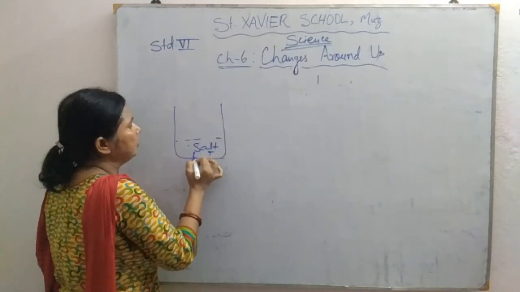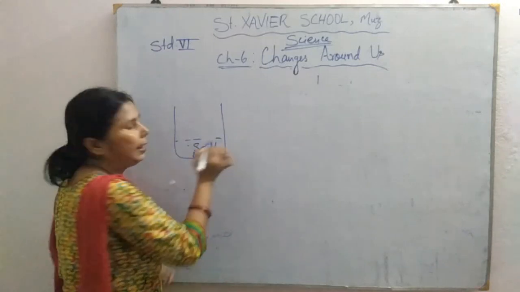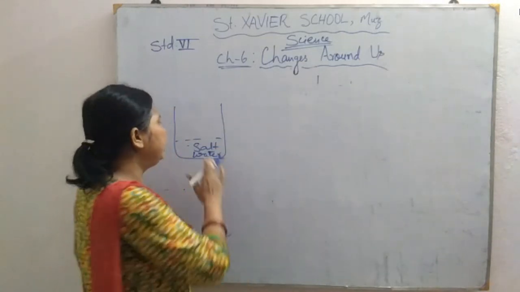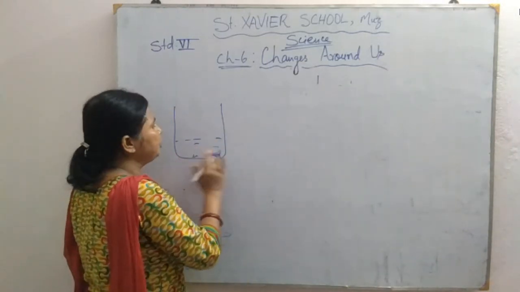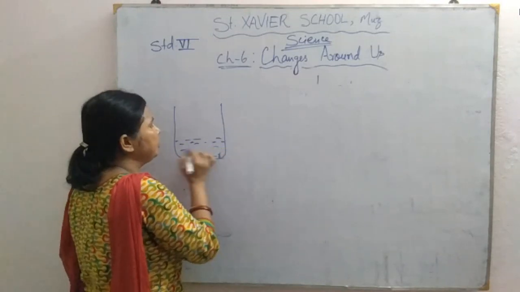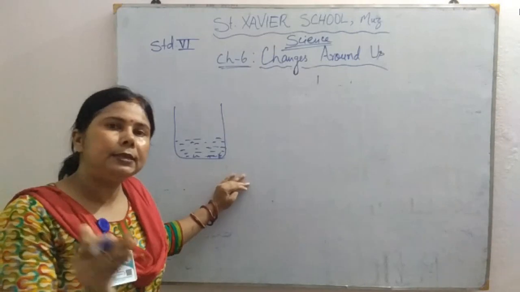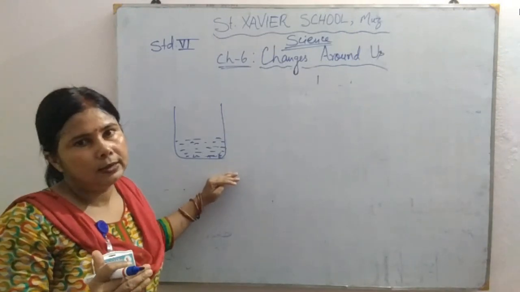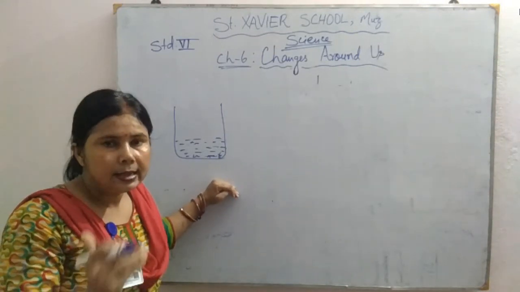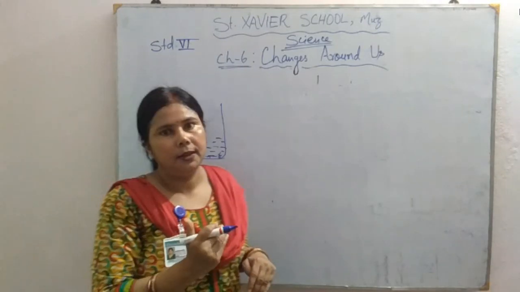Salt plus water, and shake it. What will happen? You will get a homogeneous, very transparent solution. Now, can you separate salt and water from each other? Yes, of course it is possible.